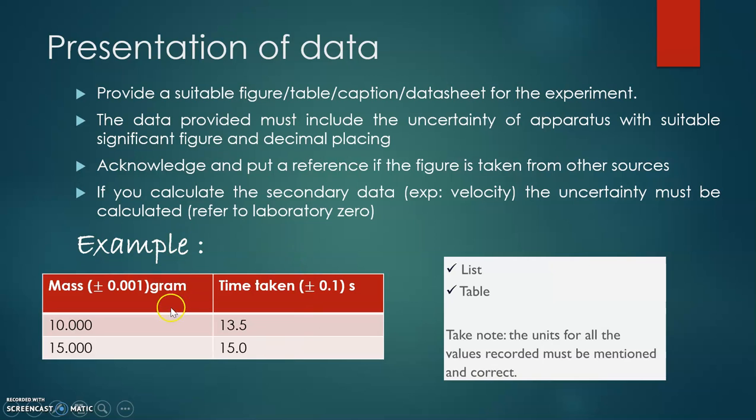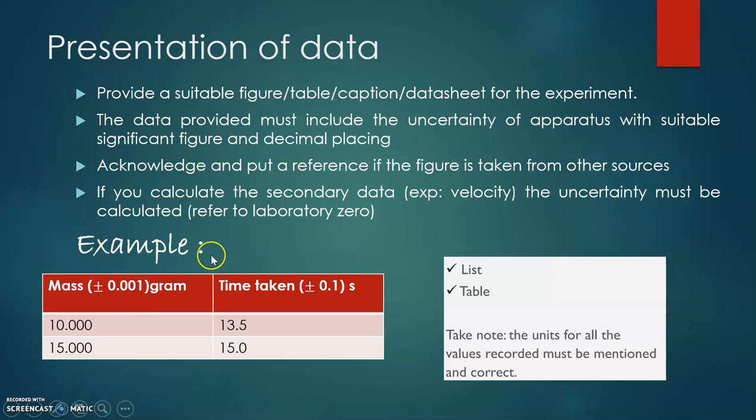Okay. How do you want to present the data? You have to present the data using a table or figure or caption or data sheet for the experiment. The data provided must include the uncertainties of apparatus with suitable significant figures and decimal places.